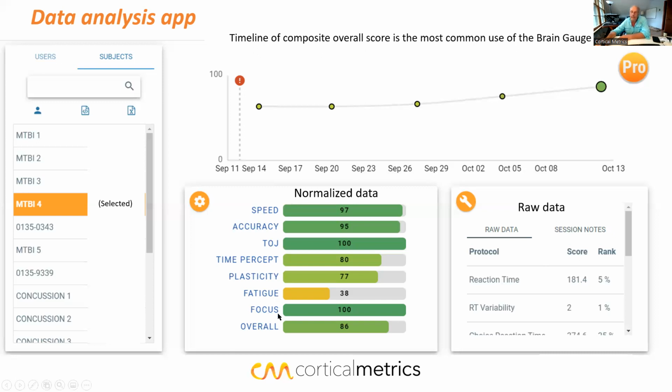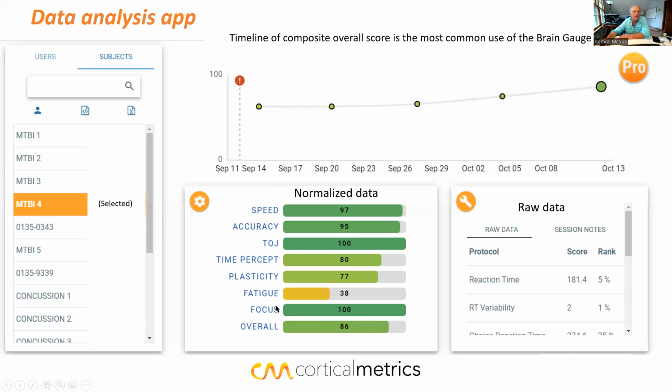As you may imagine, focus score is really bad for people who have trouble focusing. So if you can't pay attention, if you have attentional deficit disorder, then you do poorly on this. And actually, we see a lot of data from clinicians working with ADHD people on and off their medications.